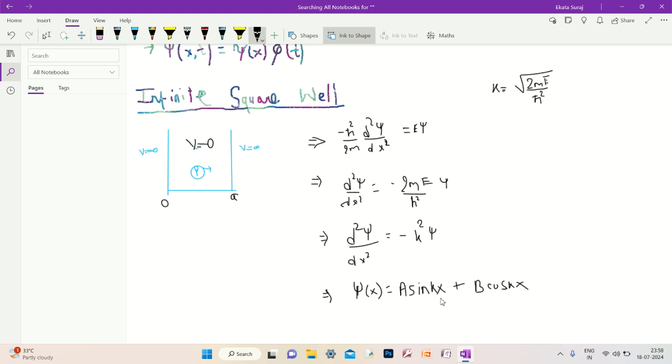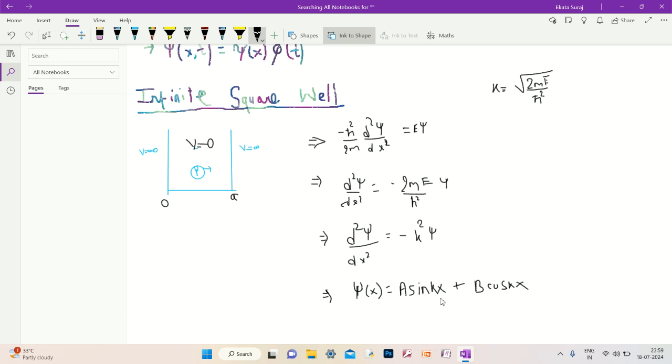There are some rules that a wave function has to follow, and if it follows them, then we will choose it. There are properties like orthonormality, which demands a separate video. So in the next video I'm going to discuss the properties of the infinite square well.